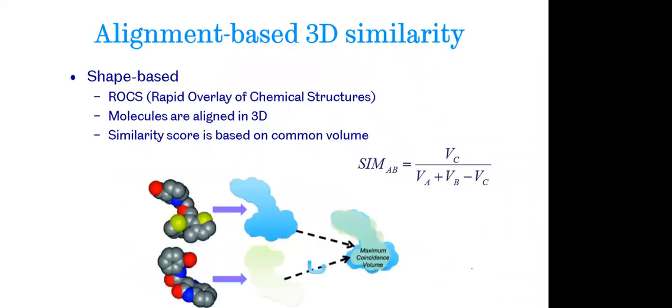And alignment based 3D similarity. As I explained at the very first, this is shape based similarity search, nothing but geometry based similarity search. In this, ROCS, the rapid overlay of chemical structures, is used.